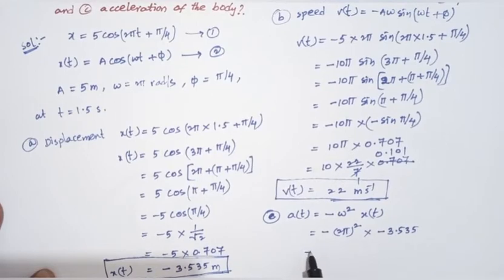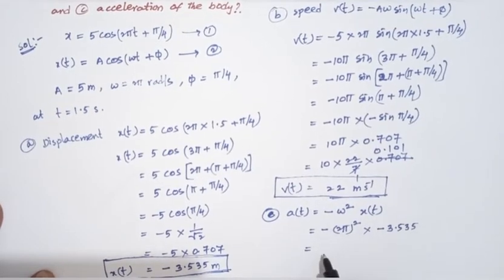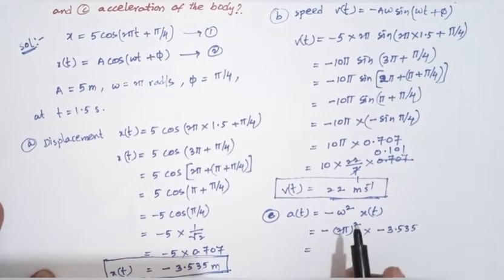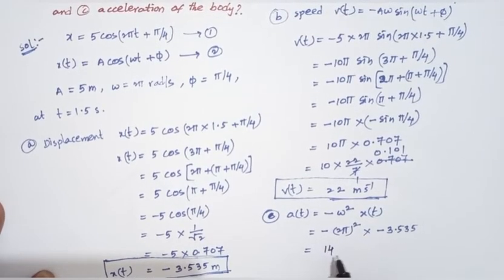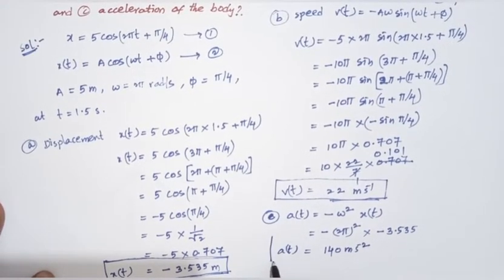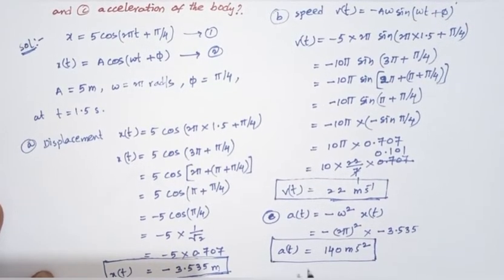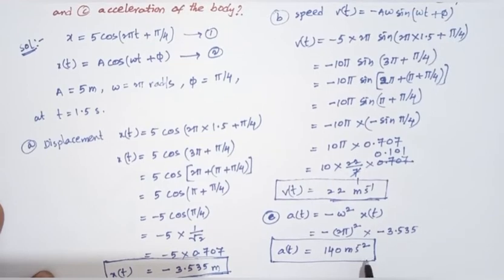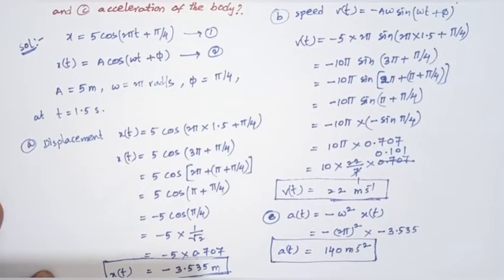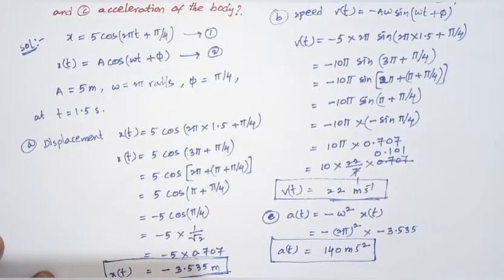Simplifying, minus into minus is plus, so the value is 140 meters per second square. So a(t), the acceleration of the particle, is 140 meters per second square. This is the end of example number 8.5.